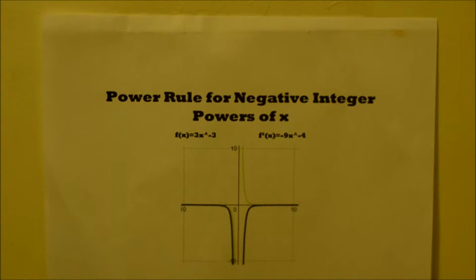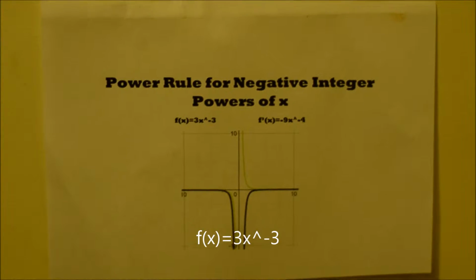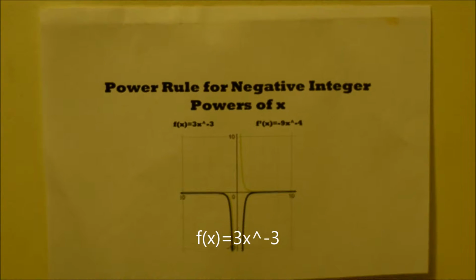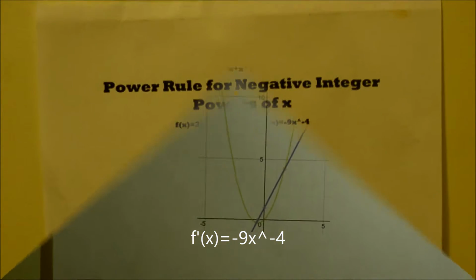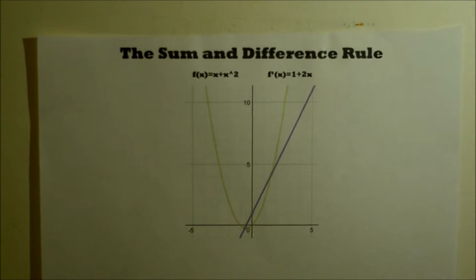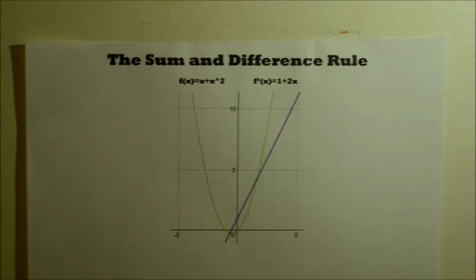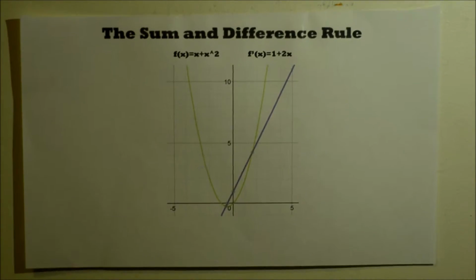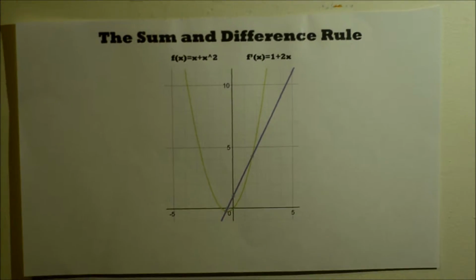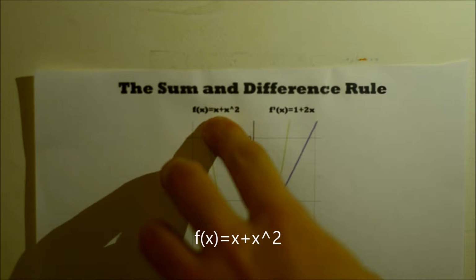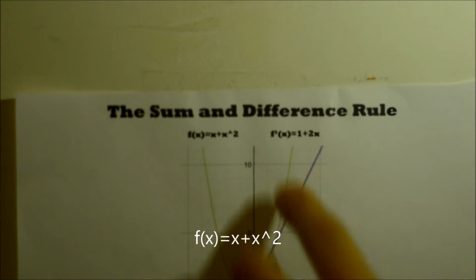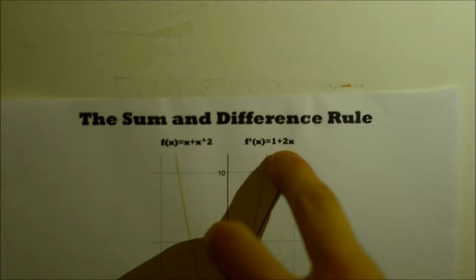So a function like f of x equals 3x to the negative 3, the derivative of that would be negative 9x to the negative 4. A key derivative to your collection is the sum and difference rule. This is basically the power rule applied to functions with addition or subtraction. So the function f of x equals x plus x squared becomes 1 plus 2x.